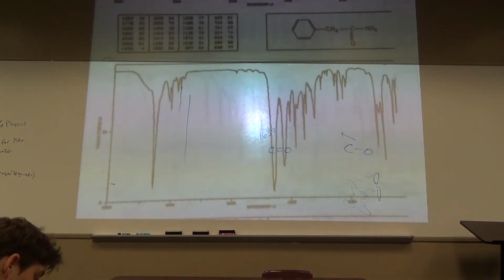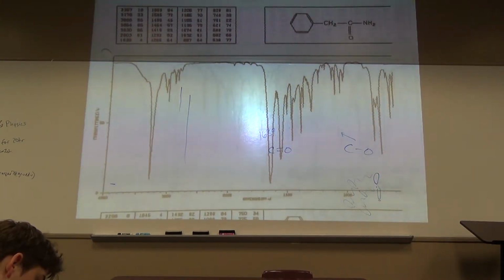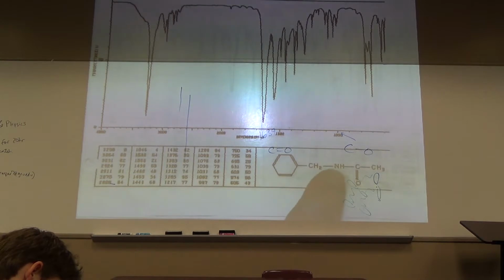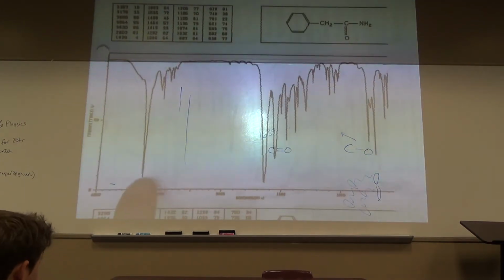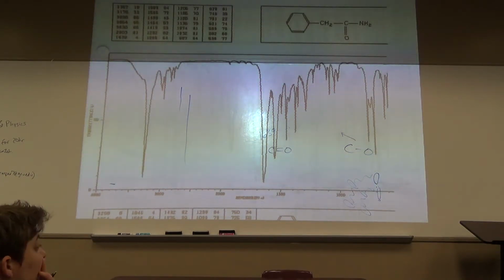Okay, the amide below. Now, top amide's primary because it has one carbon attached to nitrogen. The bottom amide is secondary. Two carbons attached. That's only one NH, and you see the NH peak. The NH is pretty intense because the nitrogen is conjugated with the carbonyl. We said earlier, if the nitrogen is conjugated, the NHs will be more intense.